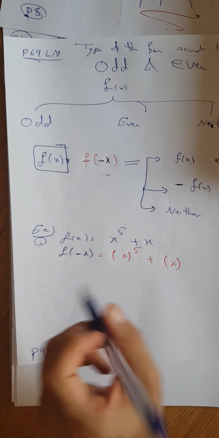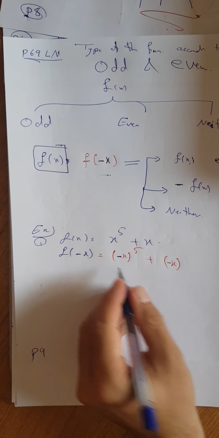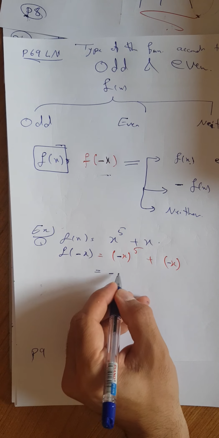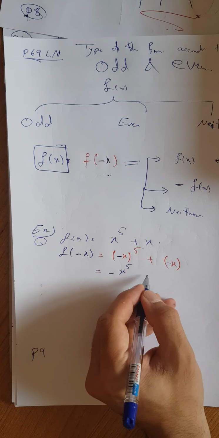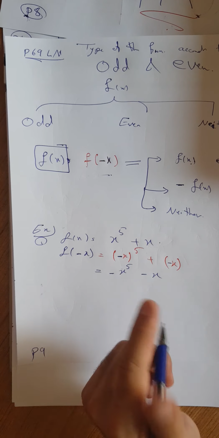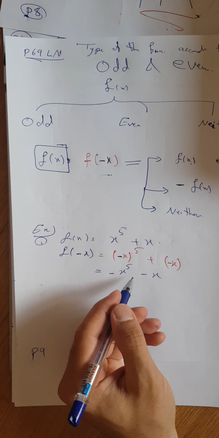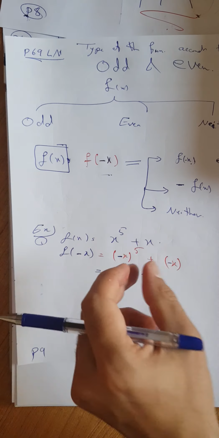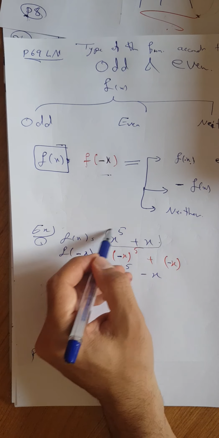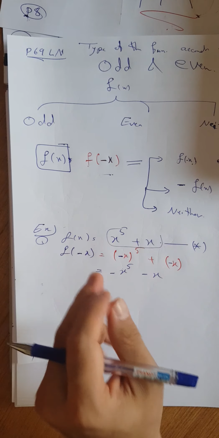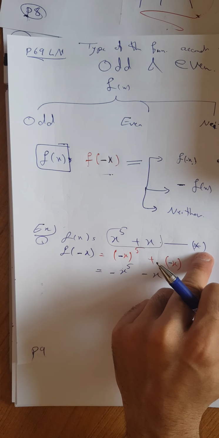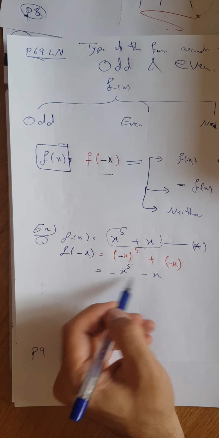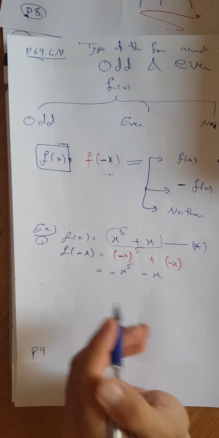In front of each x, give minus. Because the power is odd, the minus will come out, and also we have minus here. Now is this one equal to our original, the equation star? No. Why? Because this is a plus, and those are both minus.